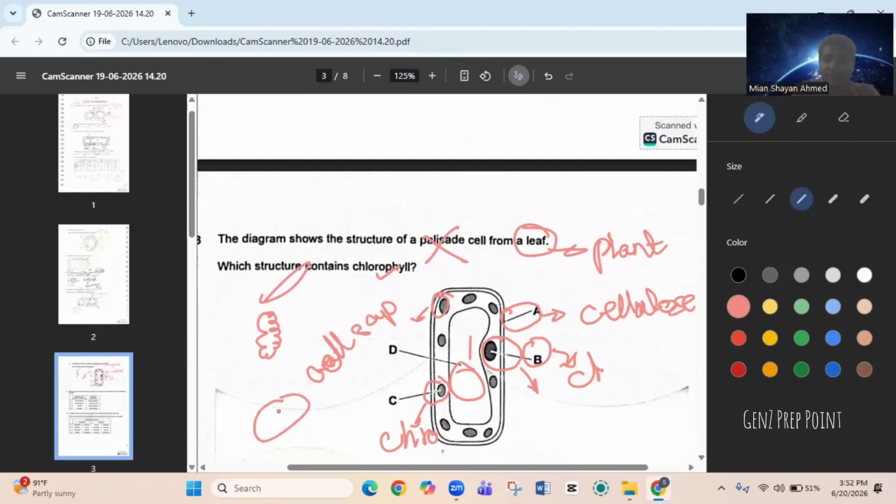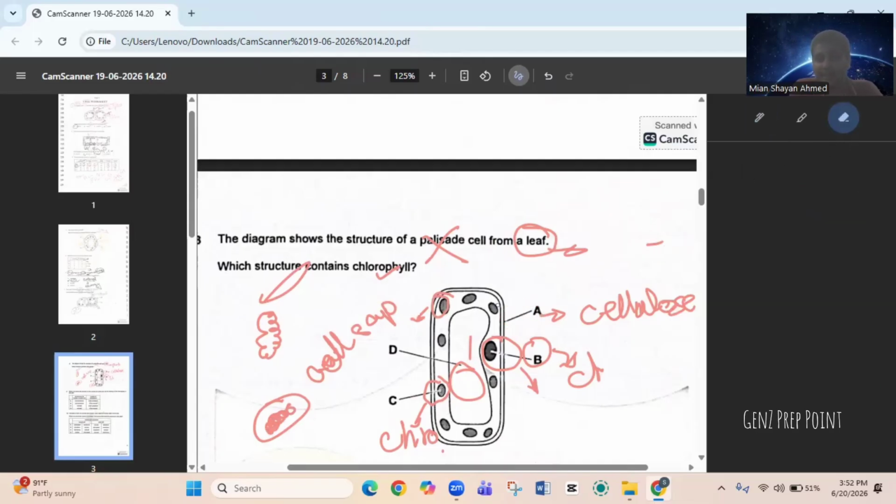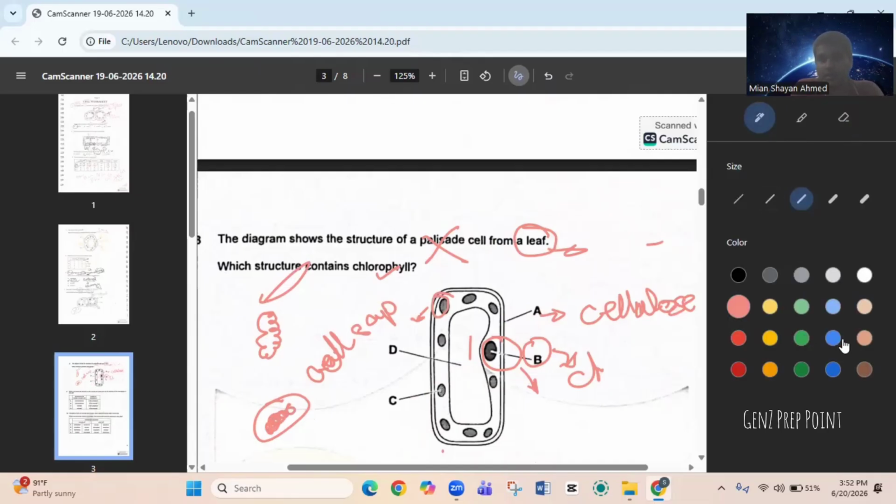If you remember my video, I told you chloroplasts have chlorophyll in them. It's a green pigment that traps sunlight and converts it into chemical energy. I hope you all understand this. So if we see this question, what would the answer be? C would be the answer because C is chloroplast.